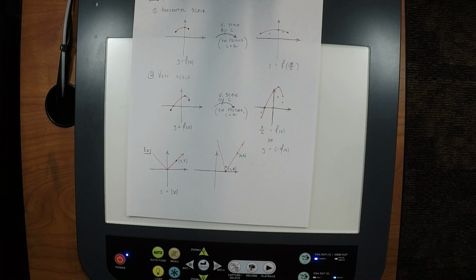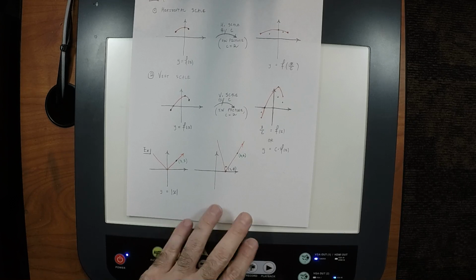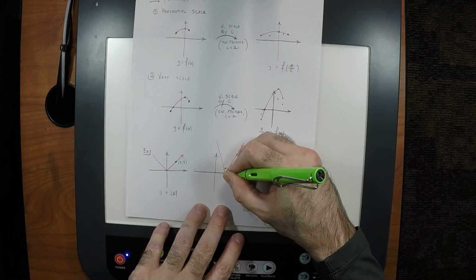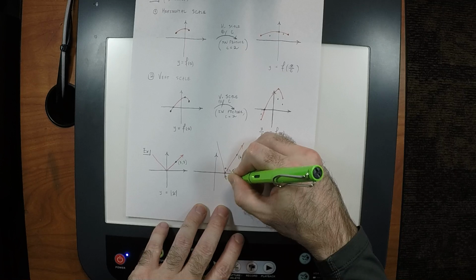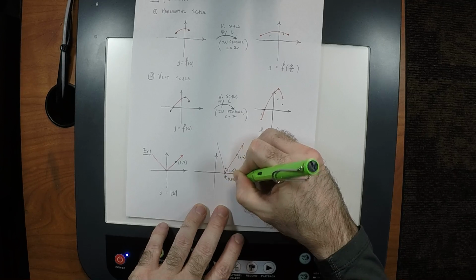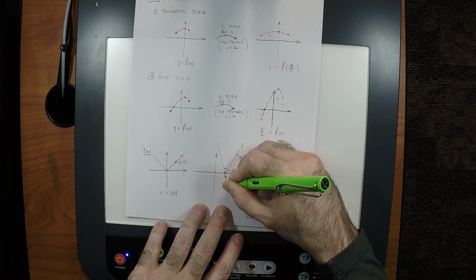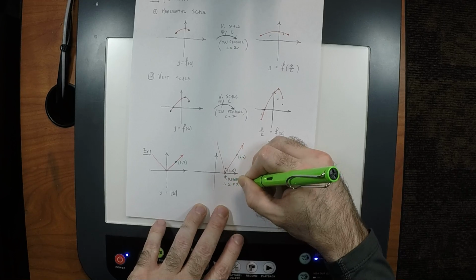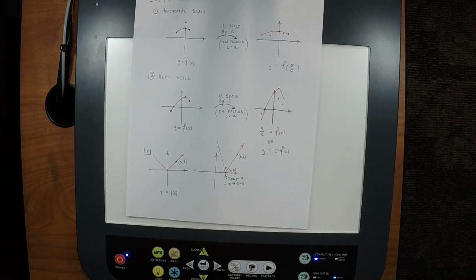Yeah, x becomes x minus 3. Okay. So because that point went right 3, what we're saying is that as a result, x has to become x minus 3.